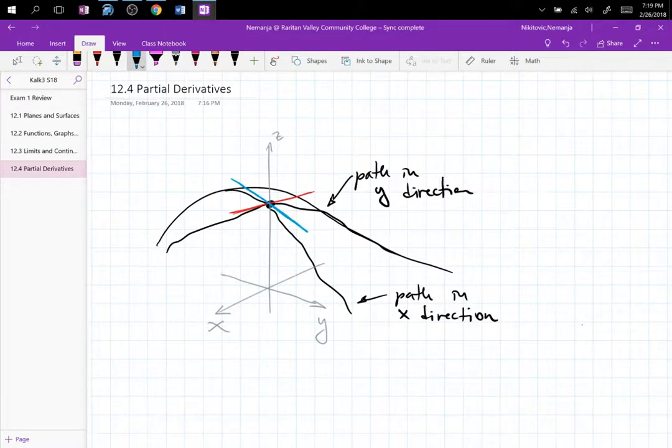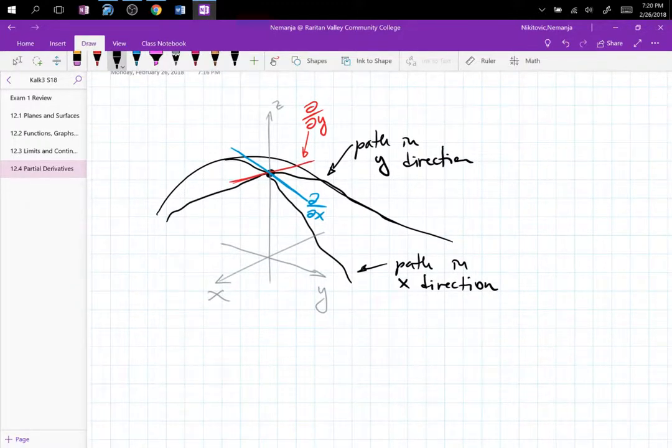Goes that way. So the red one will be the partial derivative with respect to y, and the blue one is the partial derivative with respect to x.